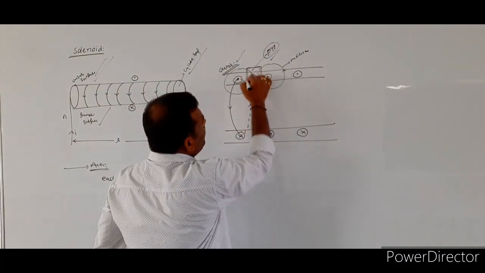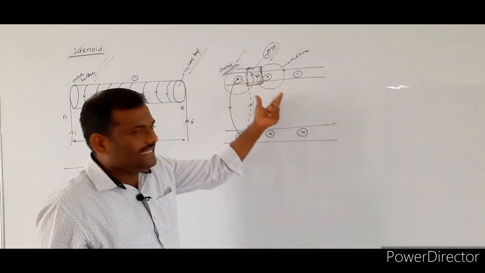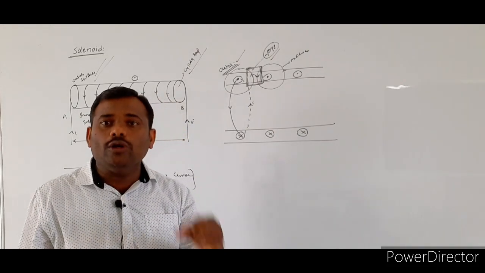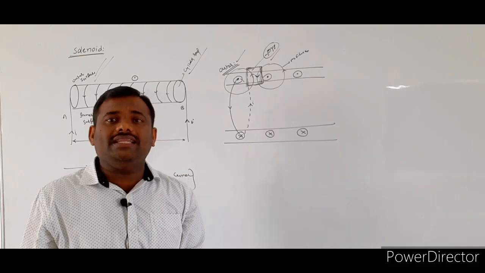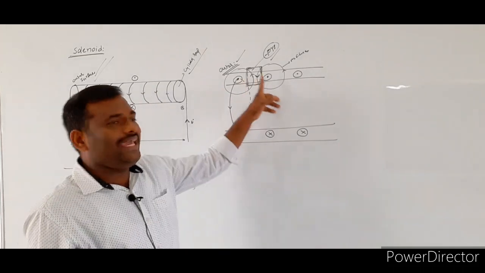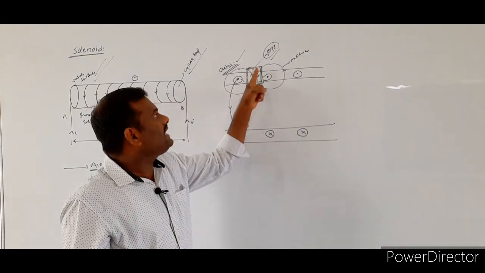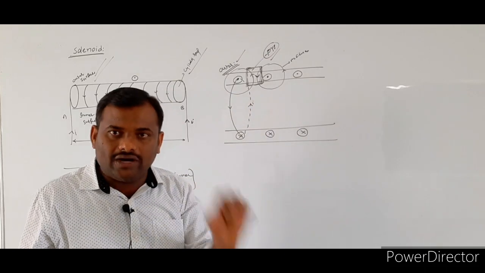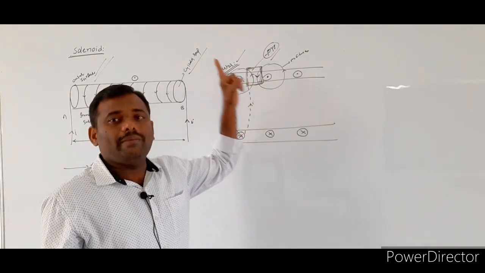But when you look at this region, the direction of the lines of force for the neighboring loops will be in the opposite direction, hence the magnetic field will be cancelled out in this region.